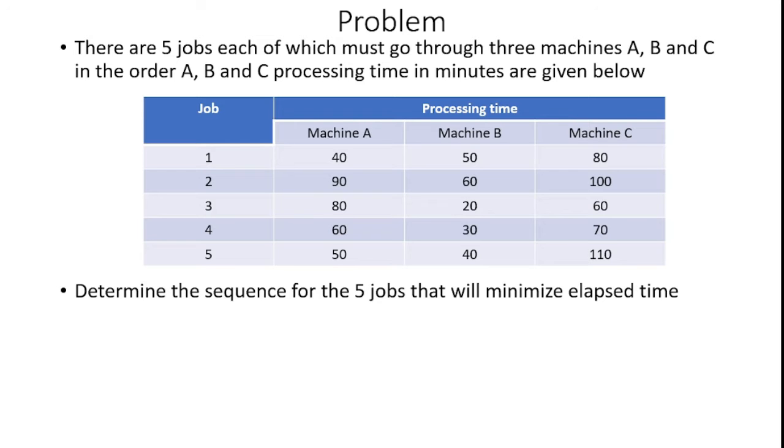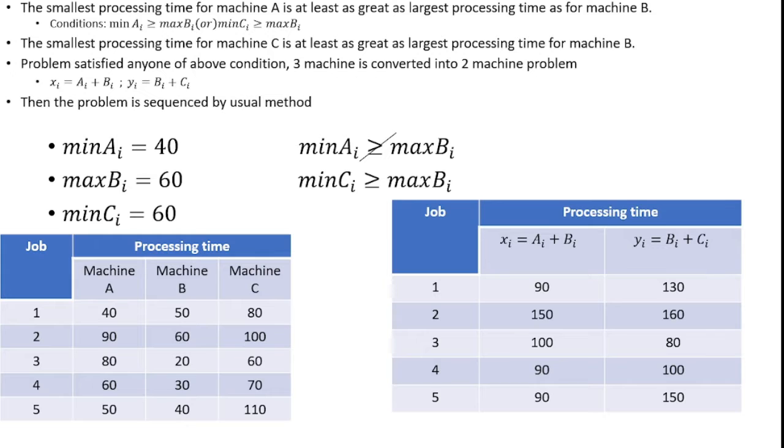So how can we solve this problem? Let's see the procedure. First, you identify whether the smallest processing time for machine A is at least as great as the largest processing time for machine B. So we have to identify the smallest processing time available with machine A. According to our problem, there are three machines, A, B, and C. In machine A, which one is minimum among 40, 90, 80, 60, and 50?